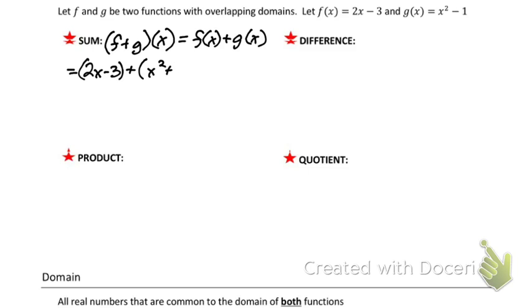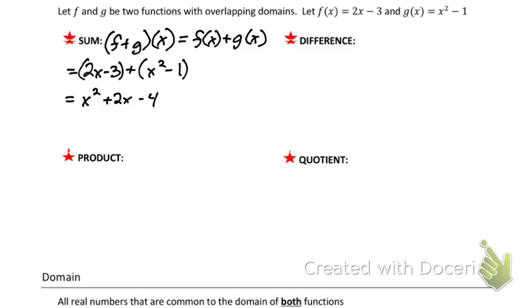Okay, minus 1. All right, then we're going to go ahead and simplify. We're just going to bring that x squared out front. We'll have plus 2x. We'll have negative 3 minus 1, which would be minus 4. So f plus g of x would just result in x squared plus 2x minus 4.